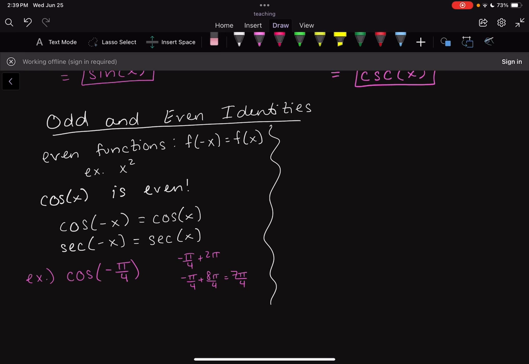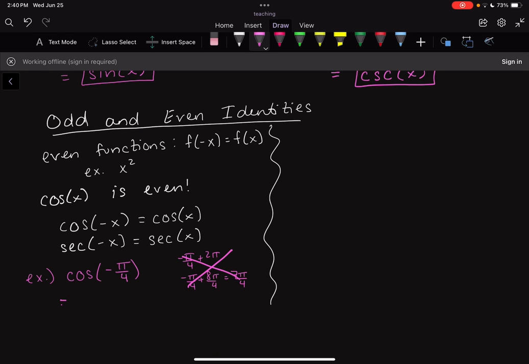With this new identity, we can say, skip all that. Just take the negative out to the front or get rid of it. Sorry, I said out to the front. That's what we're going to do for odd functions, so I said the wrong thing just there. Let me repeat that. Instead of actually adding 2 pi, we can just ignore the negative.